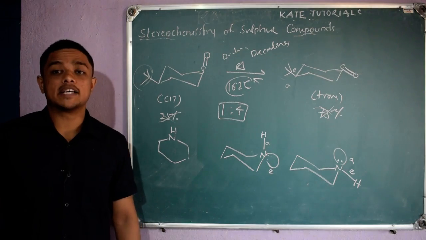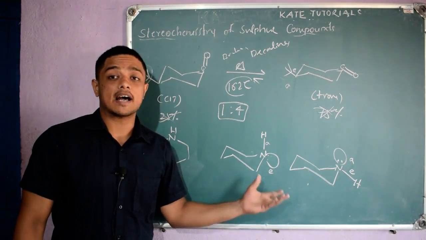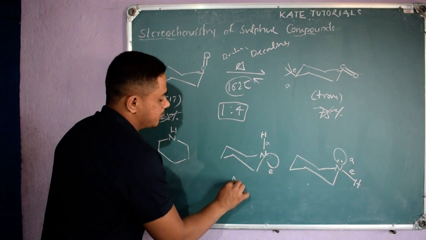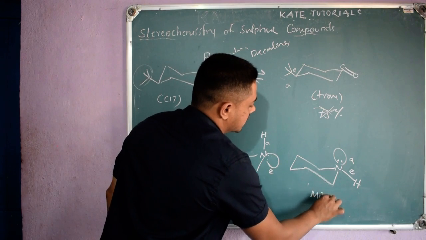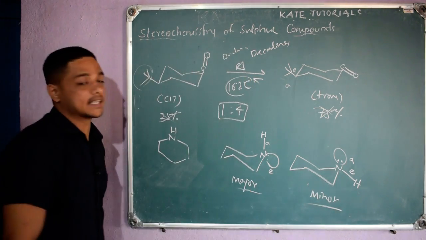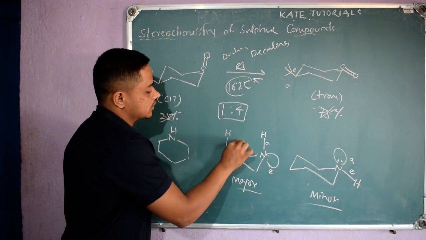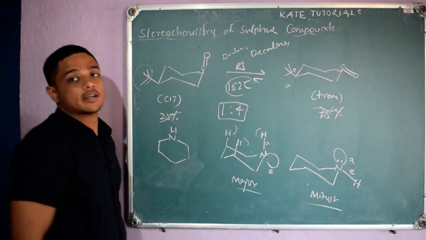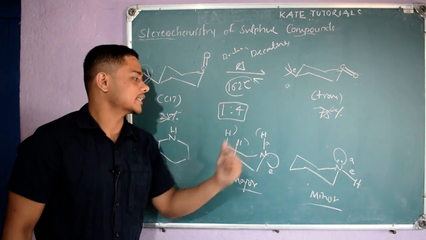Which one is the major, or how will this molecule exist as the major form? The answer is this one. This will be major and this will be minor. You will ask why, sir? The reason is, see, here we have hydrogen, here we have hydrogen. Hydrogen is small, it will occupy only small space.